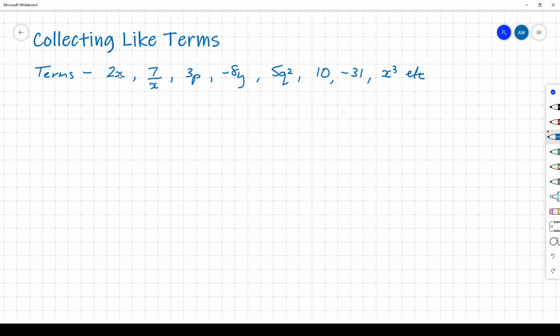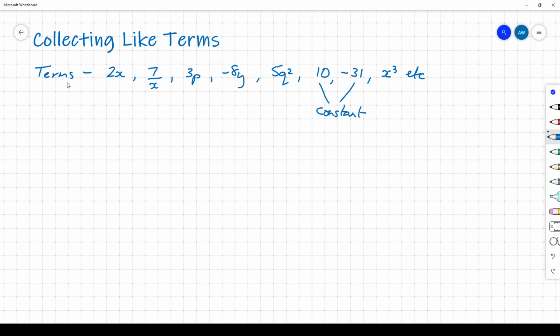So if you put x equal to 1, that'll be 2 times 1, which is 2. If x was 2, it would be 2 times 2, which is 4, and so on. So 2x could be anything, so it's not constant. But 10 is 10, and that's why it's called a constant term. Both these are called constants because they are literally constant.